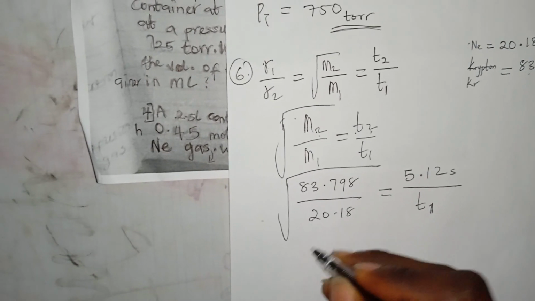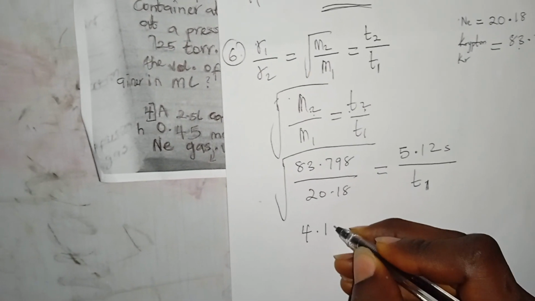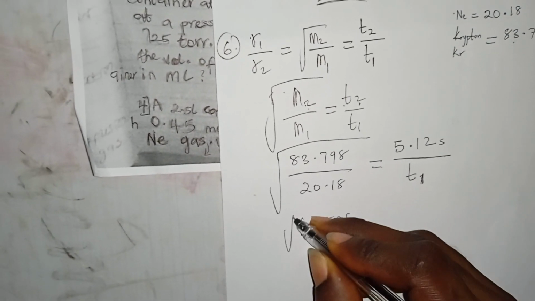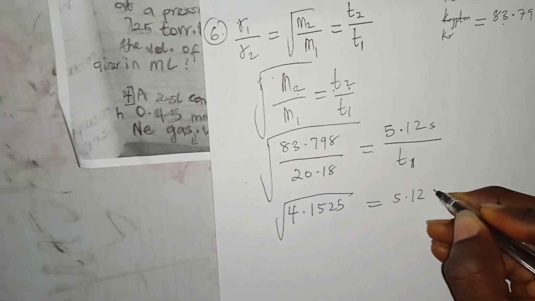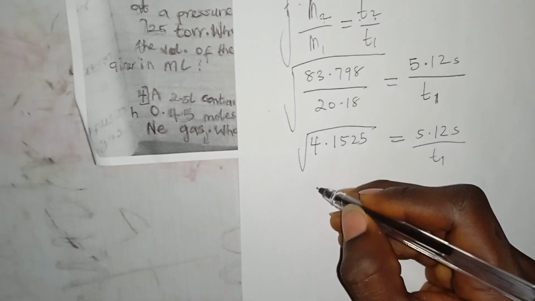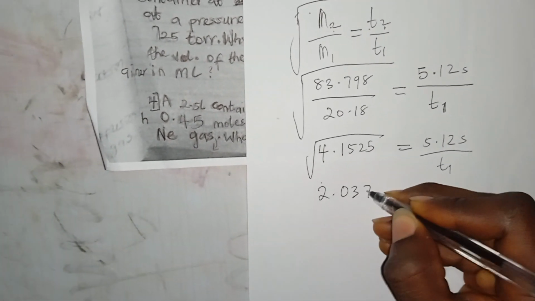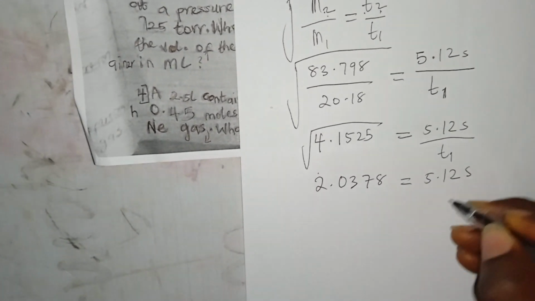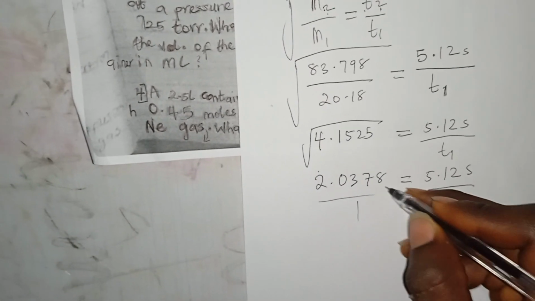So if I do the punching, this becomes 4.1525 equals 5.12 seconds over T1. If you take the square root, you have 2.0378 equals 5.12 seconds all over T1. Anything standing alone is over 1.